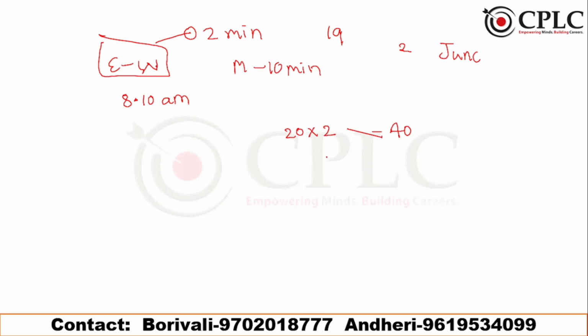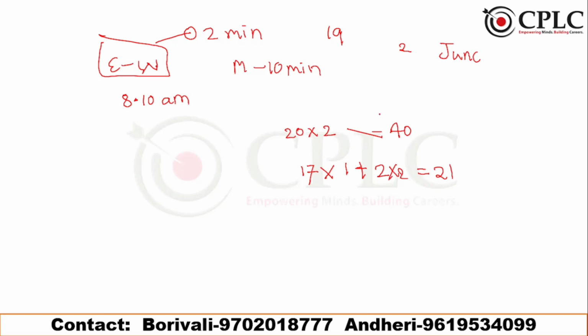The stoppage time will be how much? So obviously 17 normal stations, 1 minute at every station, and since there are 2 junction stations, the train will be halting for 2 minutes each. So again 2 into 2. So 17 plus 4, that is 21 minutes of stoppage time that the train is going to take.